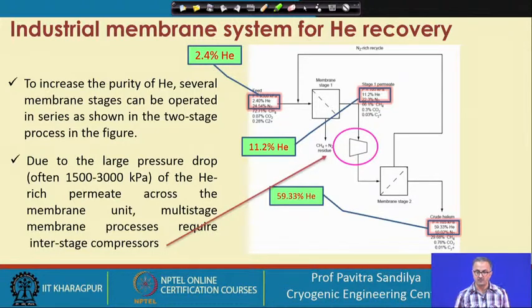And whenever we have multiple stages, we need to compress, because unless we compress, we shall not have enough driving force for the separation through the membranes. That is why after each stage we need to use a compressor for going to the next stage.